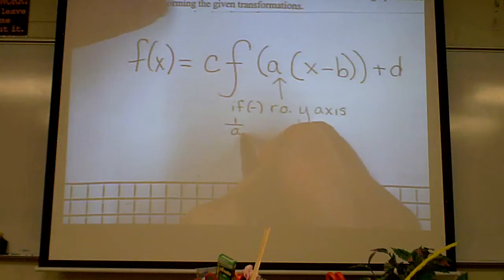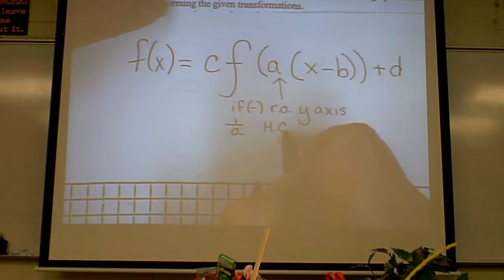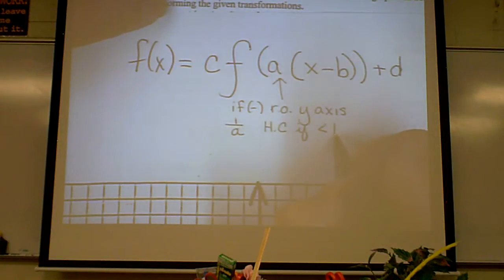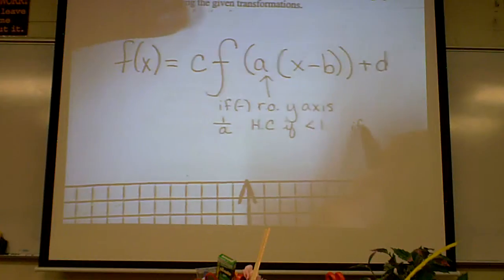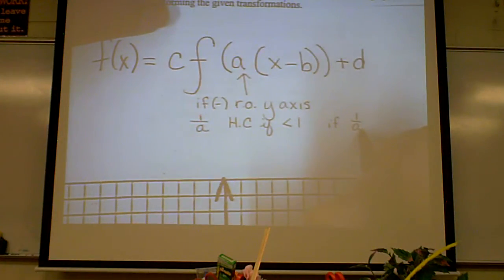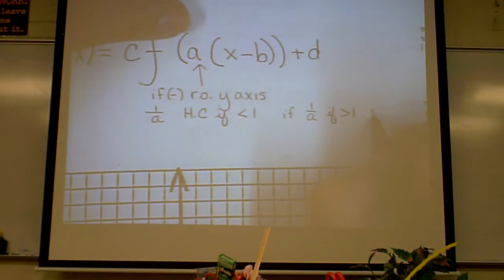If that number is less than 1, it's a horizontal compression. Horizontal stretch, isn't it? Oh, if you flip it, that's a horizontal compression. If, when you flip it, 1 over A, that number is greater than 1, then it's a horizontal stretch by that number.